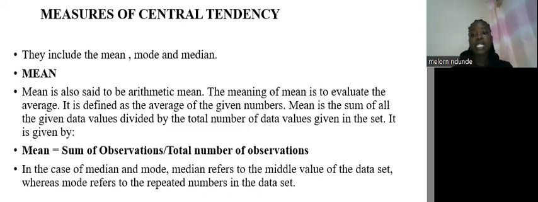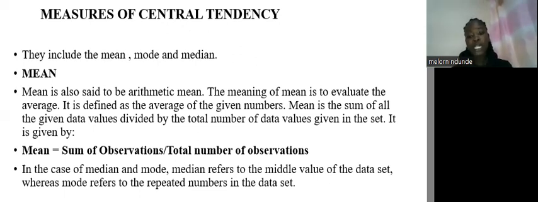Basically, mean is the sum of all given data values divided by the total number of data values given in the set. It is given by mean equals sum of observations over the total number of observations.